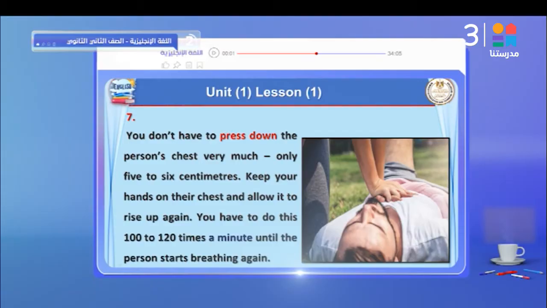So the word here is referring to, or gives the same meaning in this context as, the word per, or the word each minute. Okay? So you have to do this 100 to 120 times a minute until the person starts breathing again.